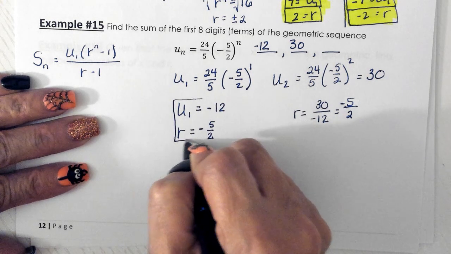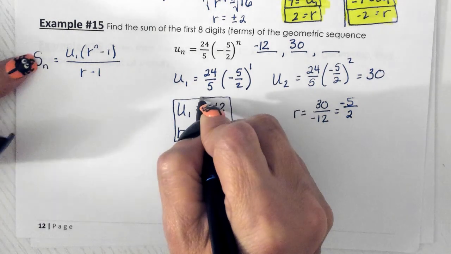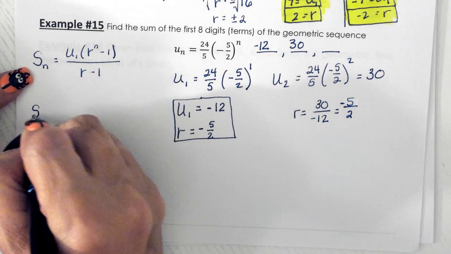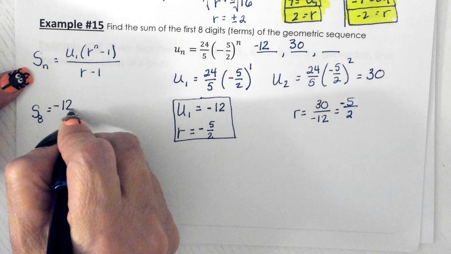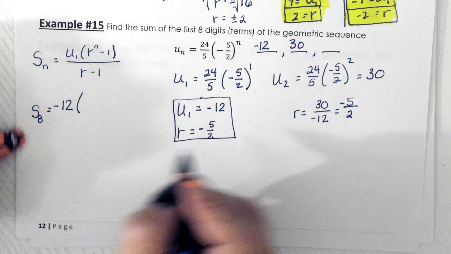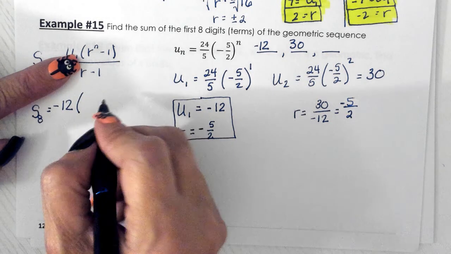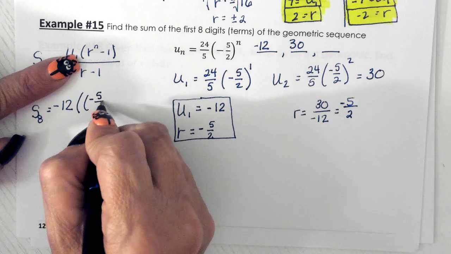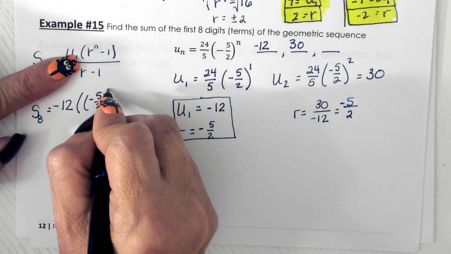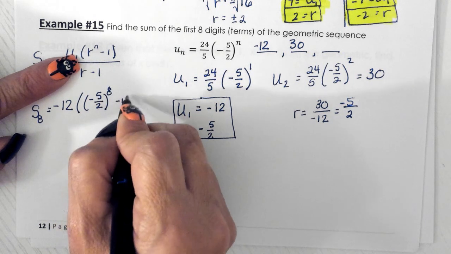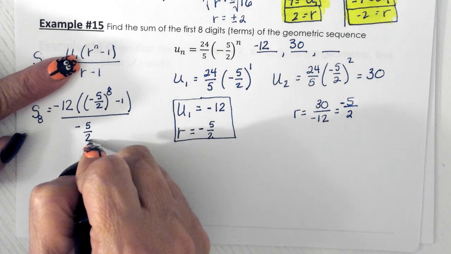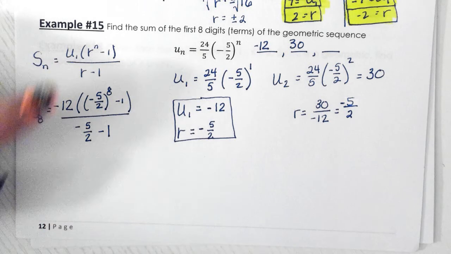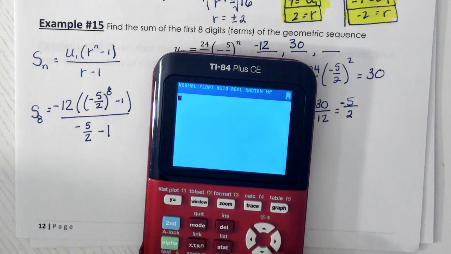So here's the information I need to do my sum. The sum of the first 8 terms is going to be negative 12 times, and I'm going to have to plug in the common ratio. Now it's not pretty. Negative 5 over 2 to the 8th power minus 1 over negative 5 over 2 minus 1. So we're going to do this in our calculator together.